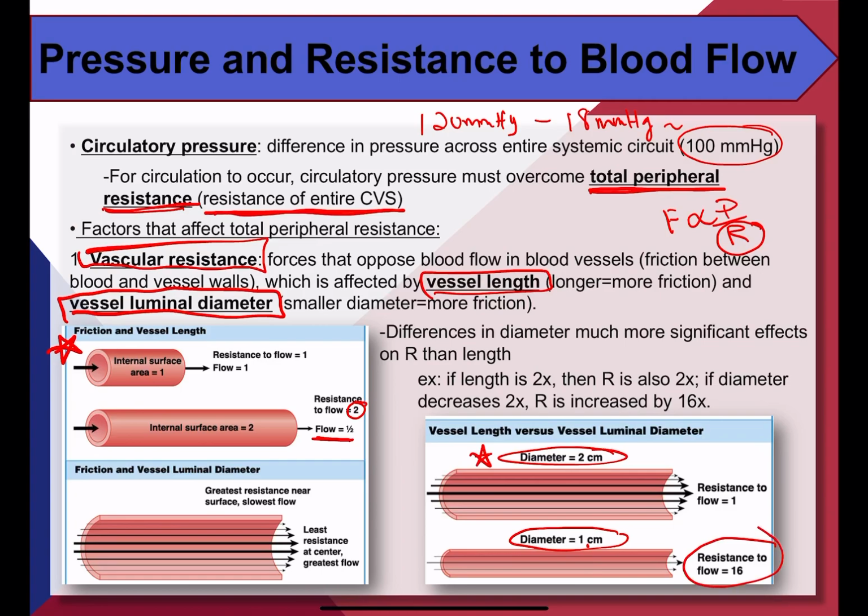Now we don't have to get into the physics or mathematical calculation of this. Why isn't this a directly proportional relationship? We're not going to talk about it, but for the factor of diameter on blood vessel, it is an exponential relationship, okay? Even though the diameter was only decreased by half the amount, the resistance went up by a huge factor.